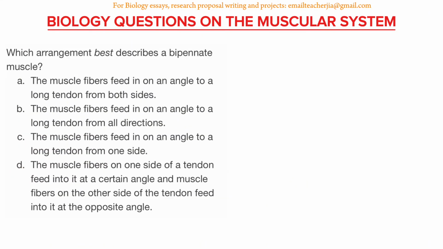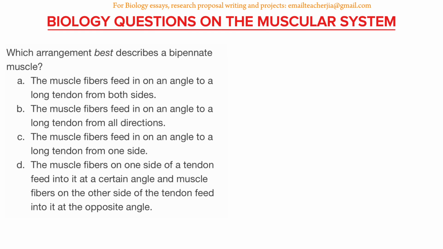Which arrangement best describes a bipennate muscle? A. The muscle fibers feed in on an angle to a long tendon from both sides. B. The muscle fibers feed in on an angle to a long tendon from all directions. C. The muscle fibers feed in on an angle to a long tendon from one side.